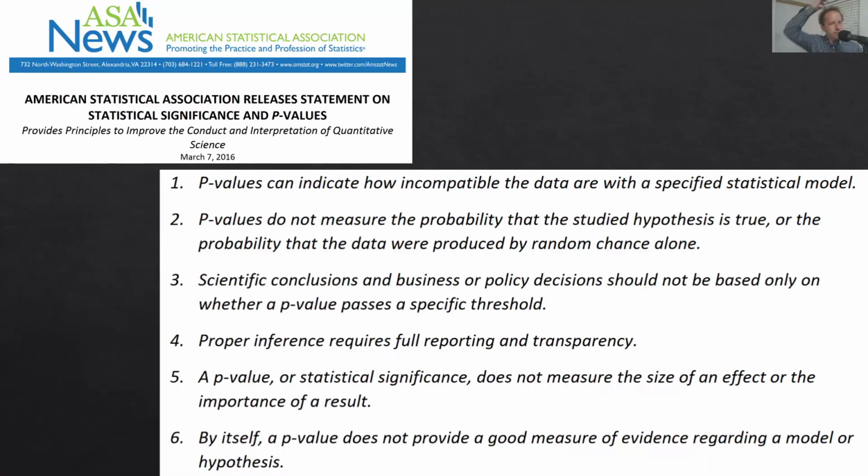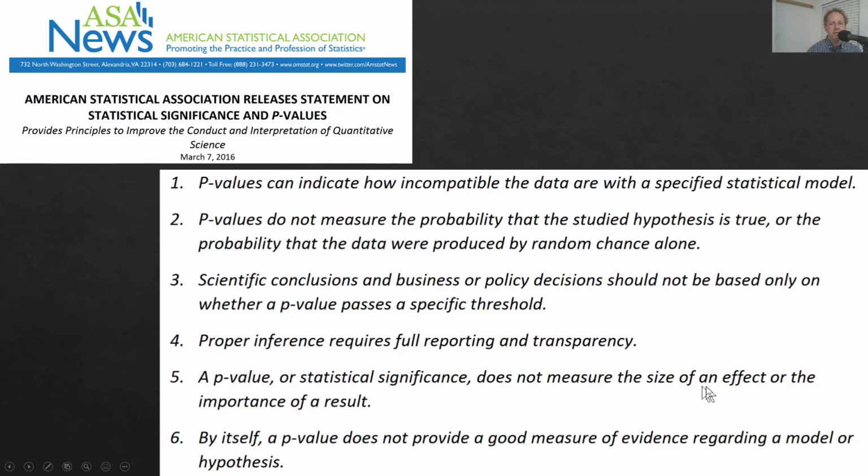So p-values don't just tell you about how big a relationship is, but they actually tell you about a combination of that and how much data you collected. So they don't measure the probability that the hypothesis is true. Therefore, conclusions and policy decisions should not be based on whether a p-value passes some threshold.